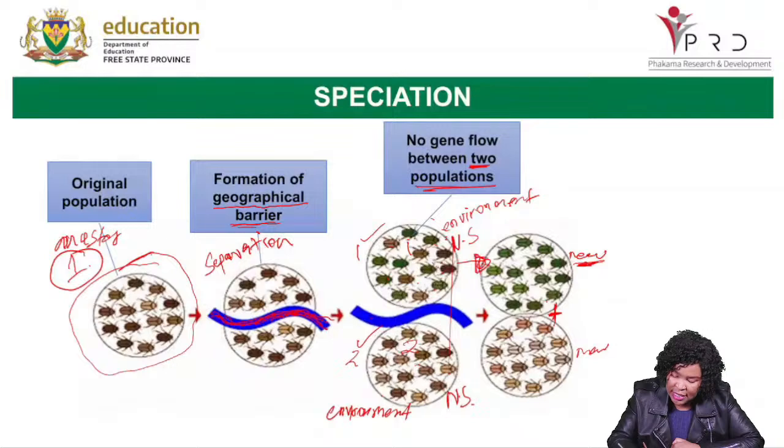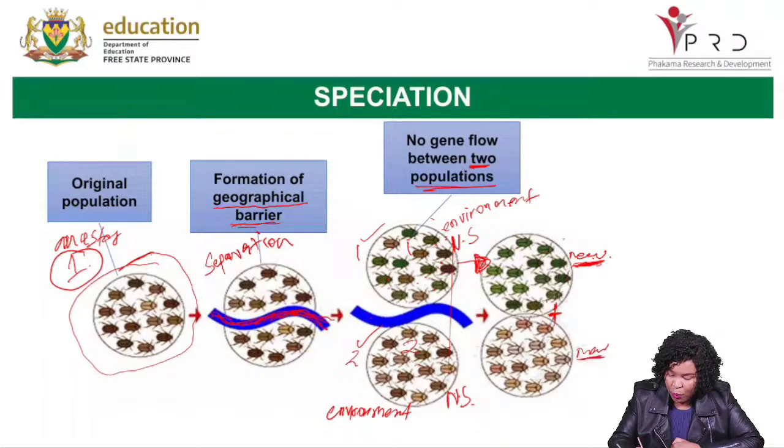And it shows in this diagram here, the green beetles are the ones that were favored by the environment, therefore they reproduced and became new species. And also in this population 2, you see that the light brown ones are the ones that were favored and they reproduced, and became new species.